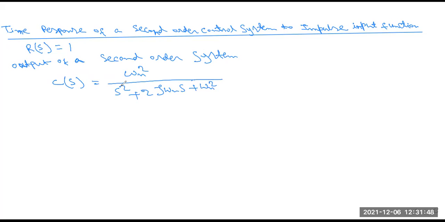When the highest power is s square, this is called a second order system. When s cube comes, that is third order, and so on. In your syllabus only first order and second order systems are present. You should also learn higher order control system equations. Okay, now we have to rewrite these equations. This is equation number 1.